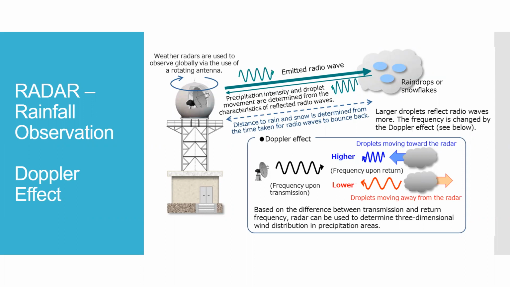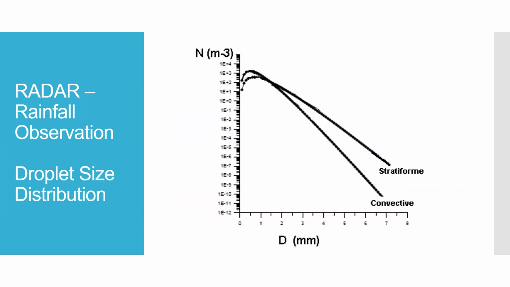We can also track how much precipitation is in the storm. There's a lot of science behind that, obviously. Water reflects radio waves. Have you ever tried to listen to the radio underwater? It doesn't work. I don't know, maybe it does. I don't think it does.